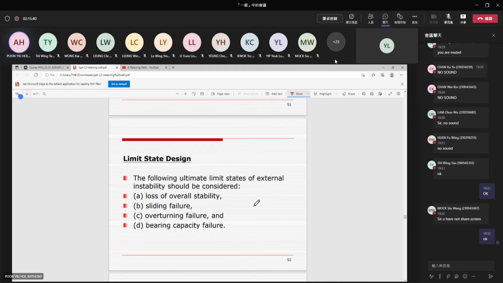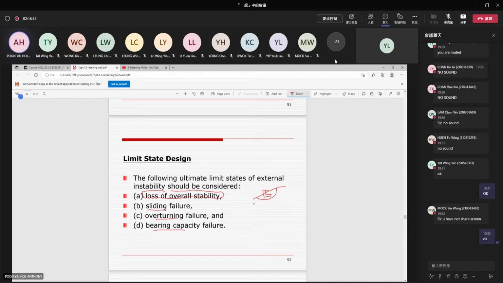Okay, so we recap the basic concept. The basic concept is to check sliding, overturning, and bearing capacity. And this one, do you remember? What does loss of overall stability mean? It is like an overall slope failure.